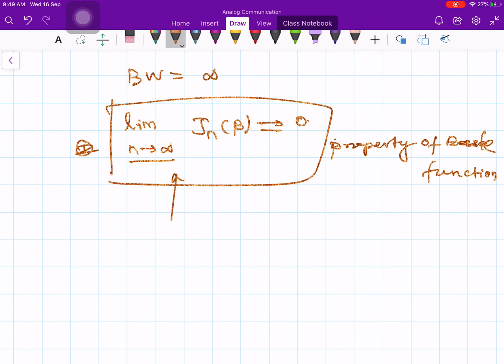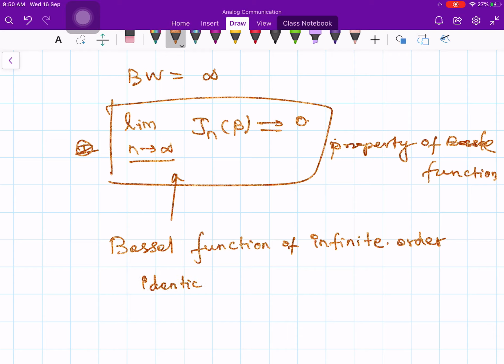Therefore, the Bessel function of infinite order is identically 0, because n is the order of the Bessel function. So this is the property of your Bessel function.